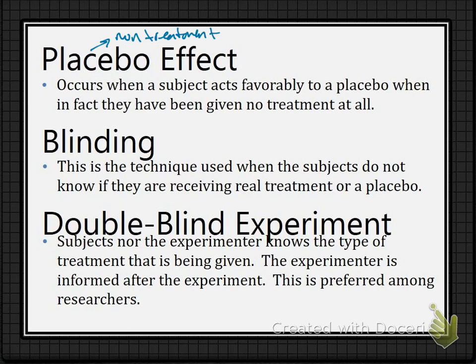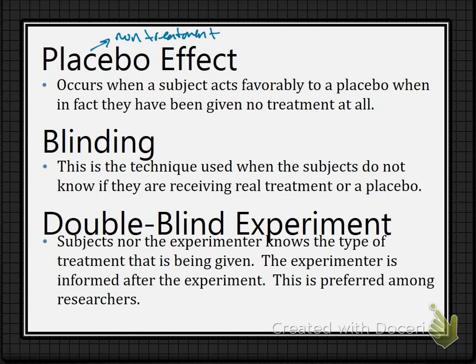You can either blind an experiment or you can double blind it. So blinding is if just the subjects don't know if they're getting a treatment or not. The people observing the results or measuring the results do know, but the subjects do not.